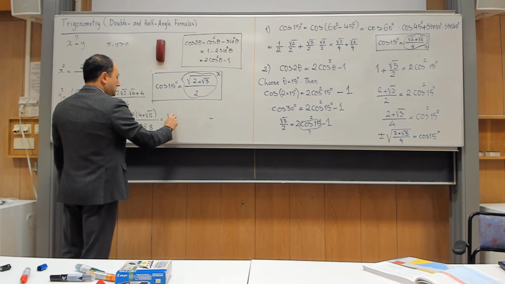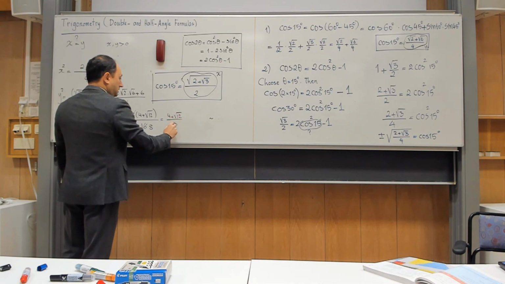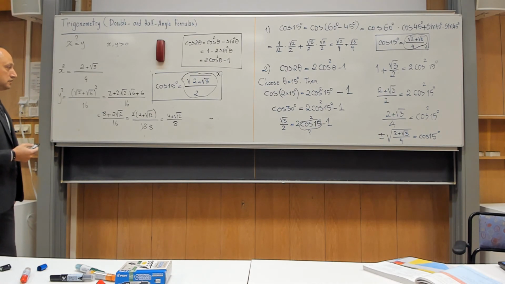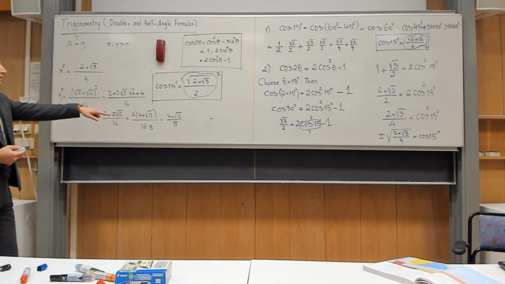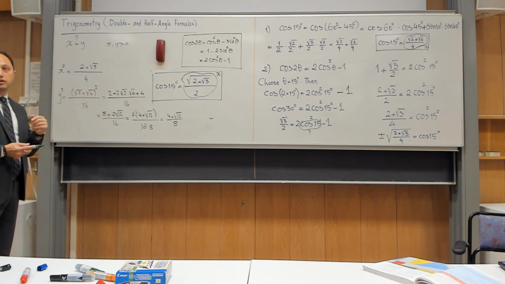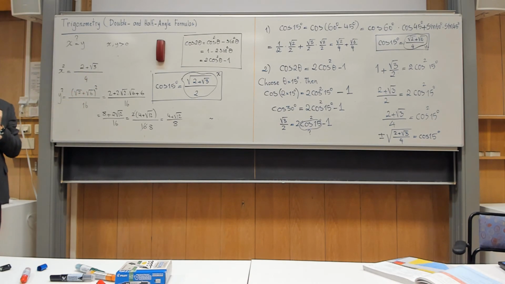But is it clear that this is equal to that? I have to do something more. What should I do now? 4 plus square root of 12 divided by 8, but I'm supposed to get 2 plus square root of 3 divided by 4. Yes, Dennis? Yes, exactly.